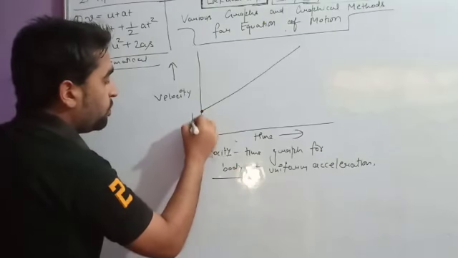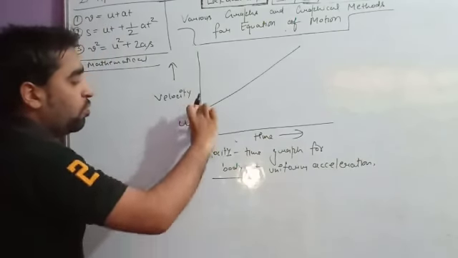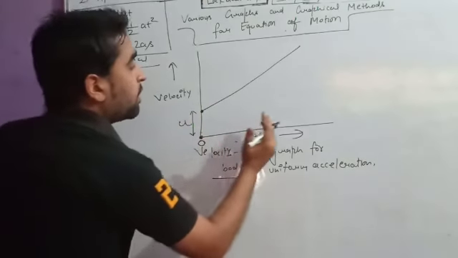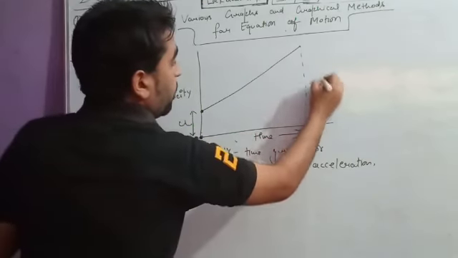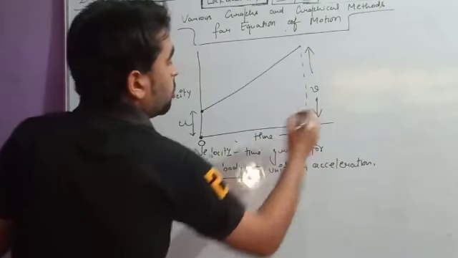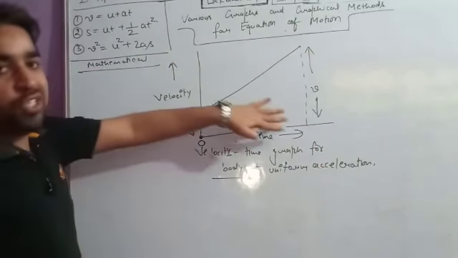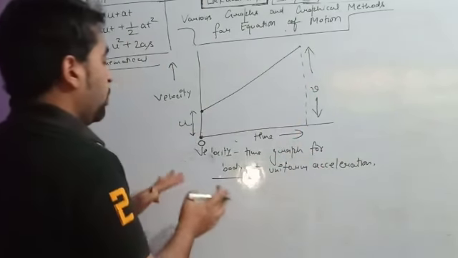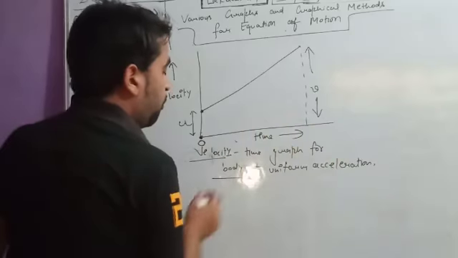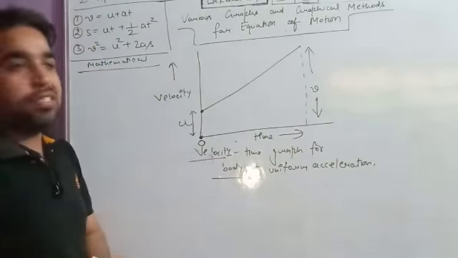Velocity of the body was, say, u. Initial velocity was u. And as time passed and we got here, the velocity of the body became v. So we can see that there is a rapid change in the velocity as time was passing. So this is how the velocity time graph looks for a body at uniform acceleration.